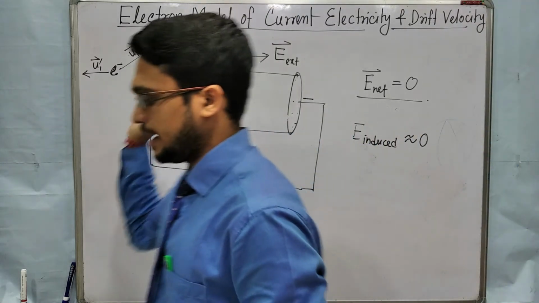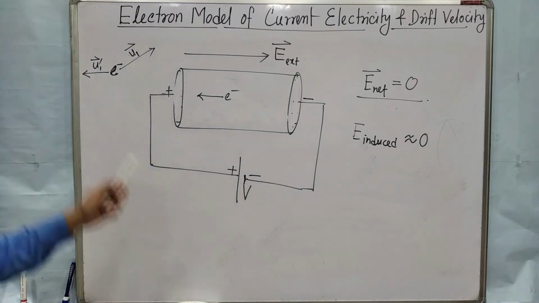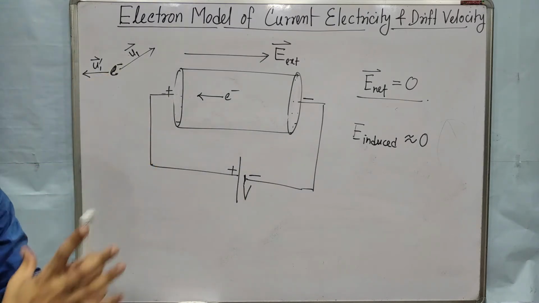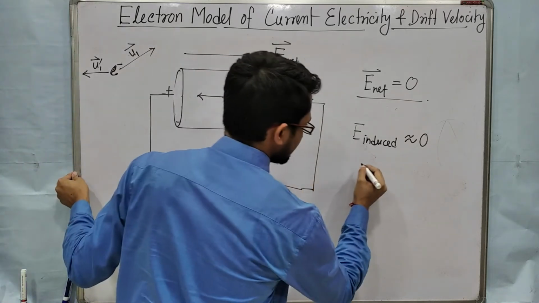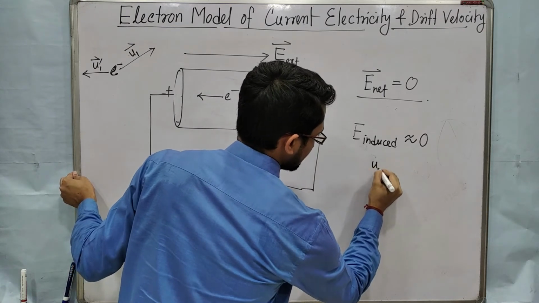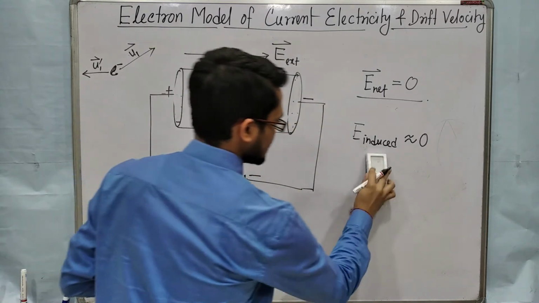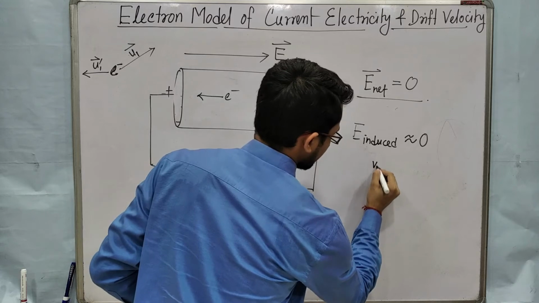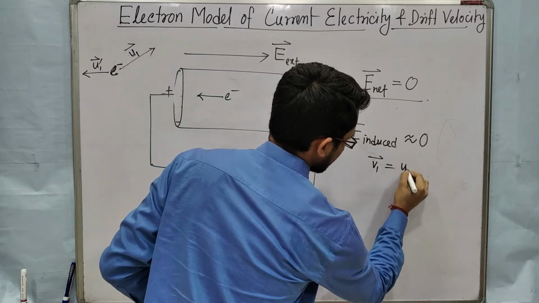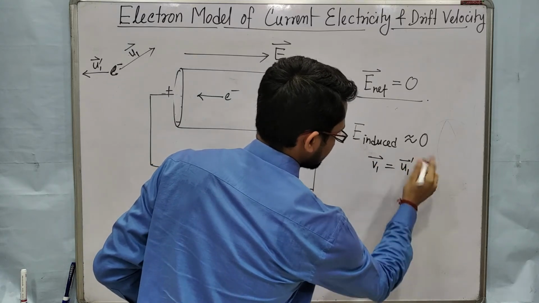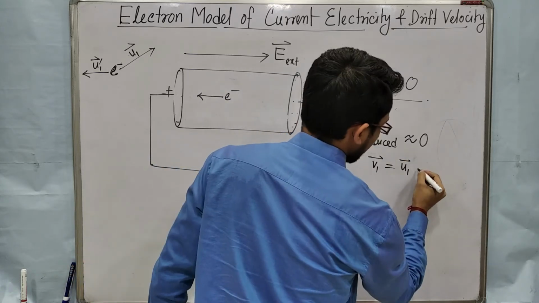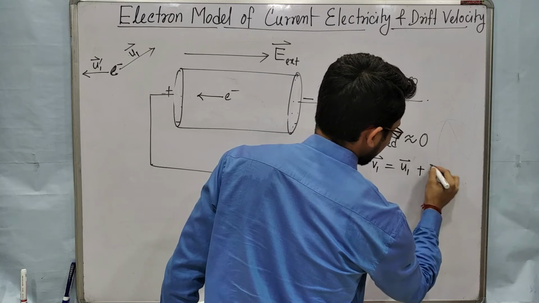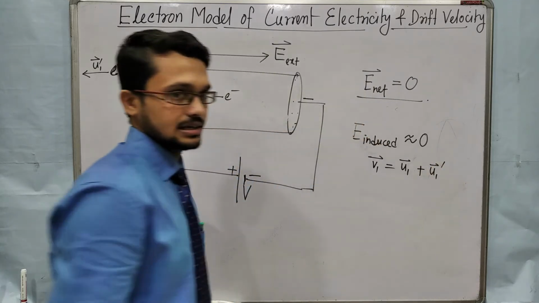Okay, so there are many electrons. If we add these velocities for all electrons, then we will get something new. So what will we get? Suppose I am writing V1 equals U1 plus U1 prime. This first quantity is due to thermal motion, and the second quantity U1 prime is due to the external electric field.